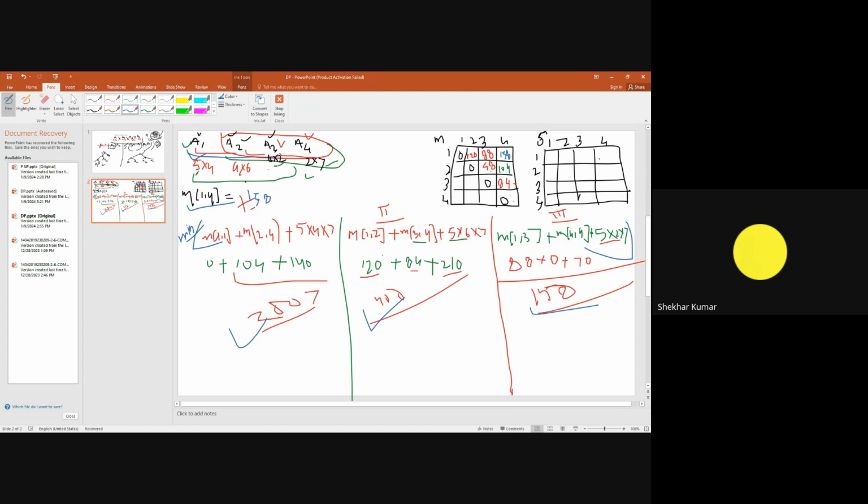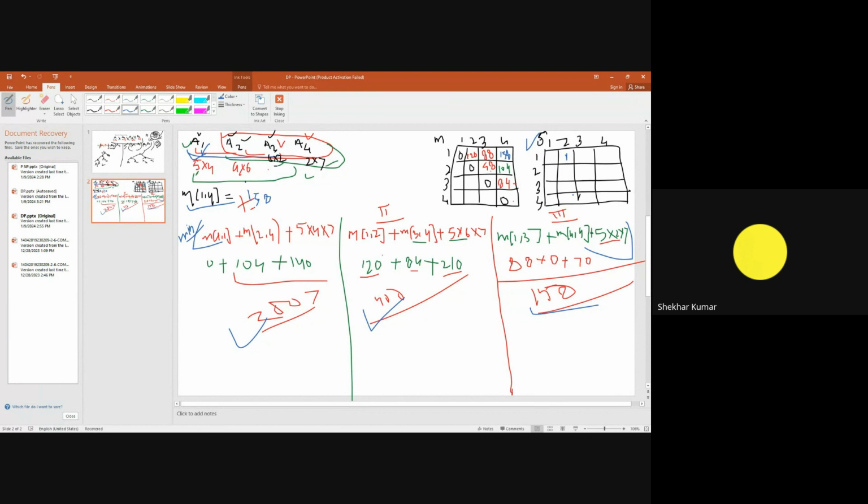Okay. Now, what is the role of this table? The role of this table is for parenthesization. When I calculated the 120 value, that was based on selecting the first matrix. So the value was 1, because it purely depends on the first matrix.